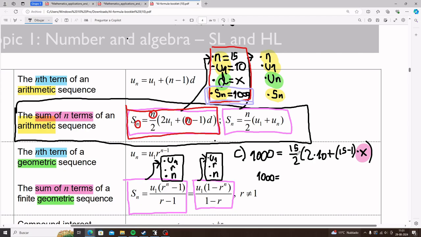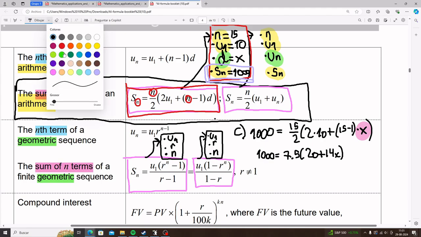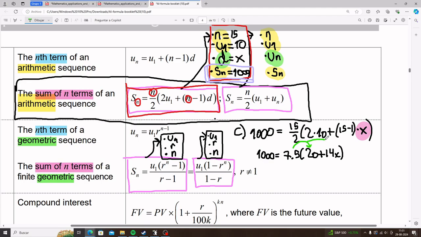So 15 divided by 2 is going to be 7.5. Parentheses 2 times 10 is 20, plus 14 minus 1 is 14. And this 14 won't be multiplying the x, so we will just leave it as 14x immediately. Now from here, there's more than one way, but what I imagine most people would do is multiply and distribute this.